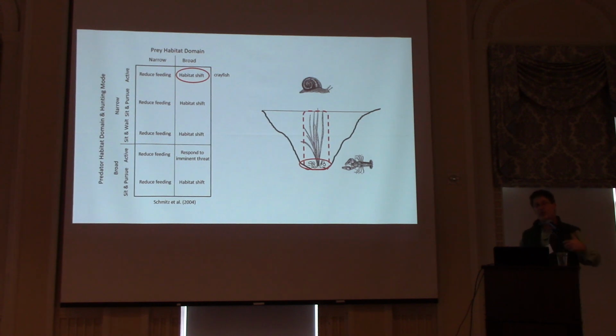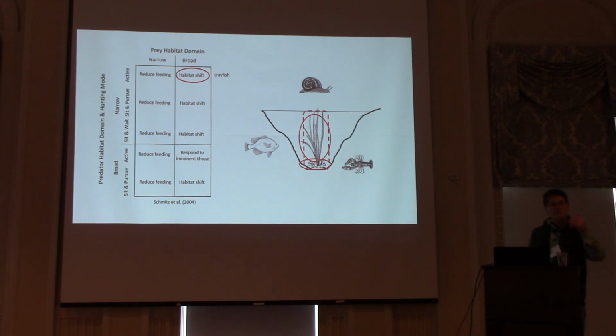Thus, when snails encounter crayfish predators in their system, the response ought to be some kind of habitat shift to avoid that predator, because they have other parts of the habitat they normally are found in. Similarly, if we introduce a pelagic predator, in this case a bluegill sunfish, we can think of it as having a fairly large habitat domain, and it's also a sit-and-wait kind of predator.